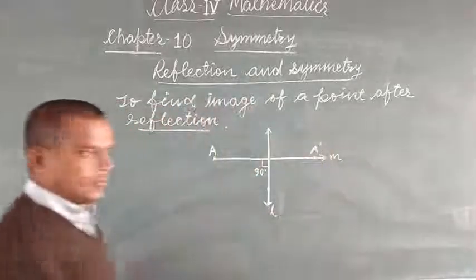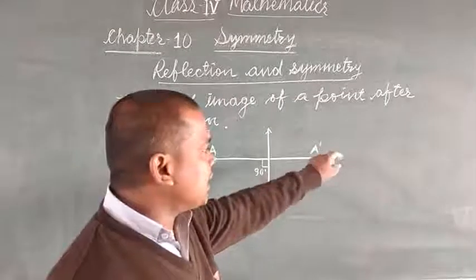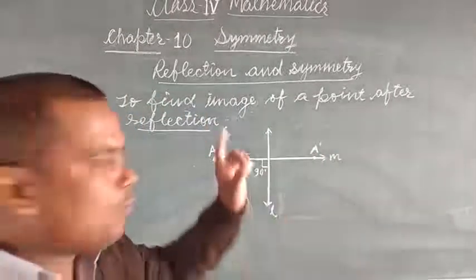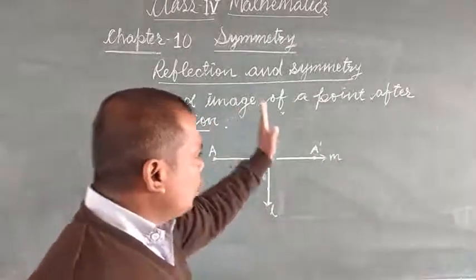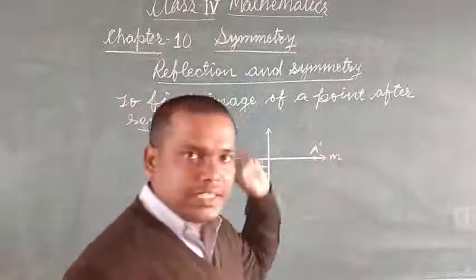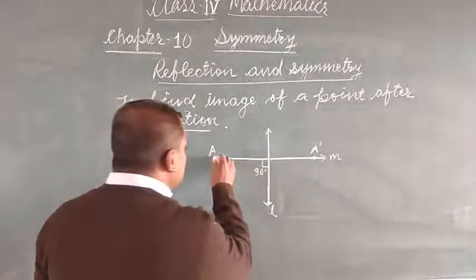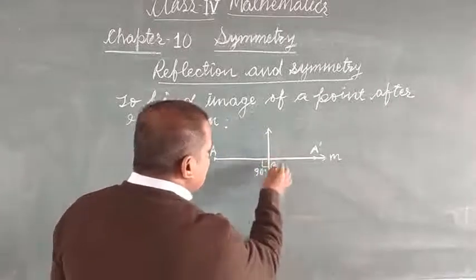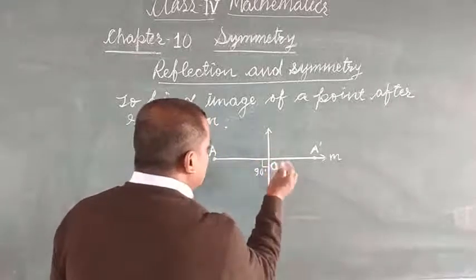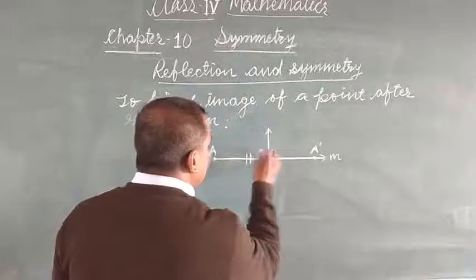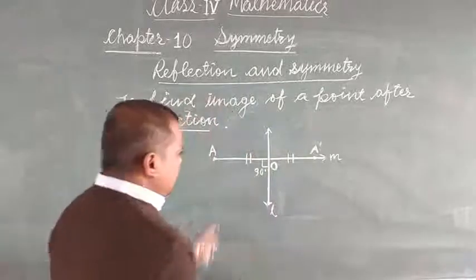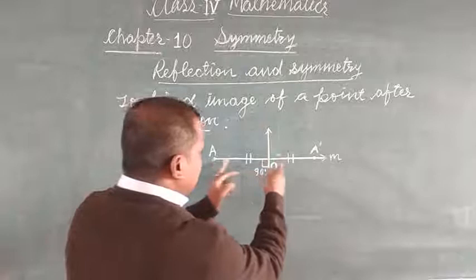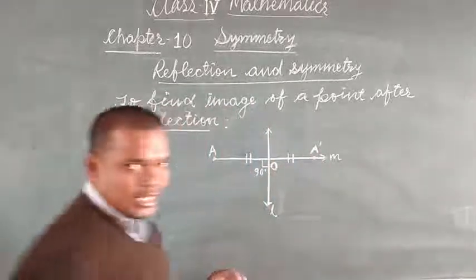A dash. We are saying A dash means the reflection of point A in line M is A dash, and we will get this distance. Suppose it is point of intersection O. So we can say this is equal to this, meaning the distance from here to here is equal to the distance from here to here.